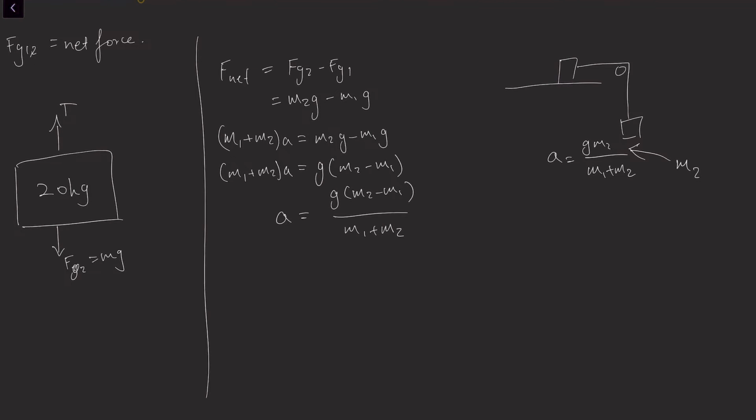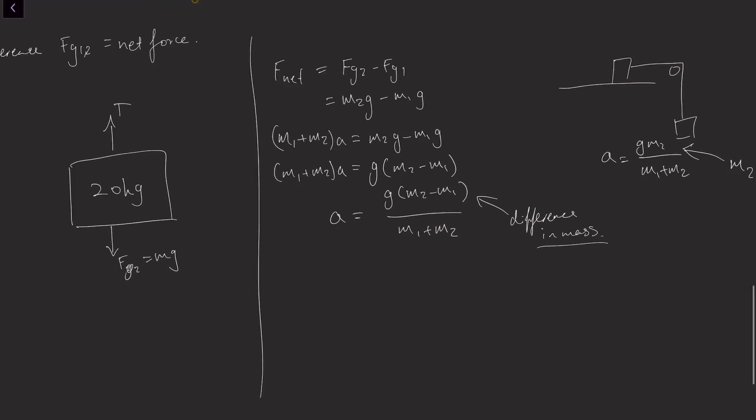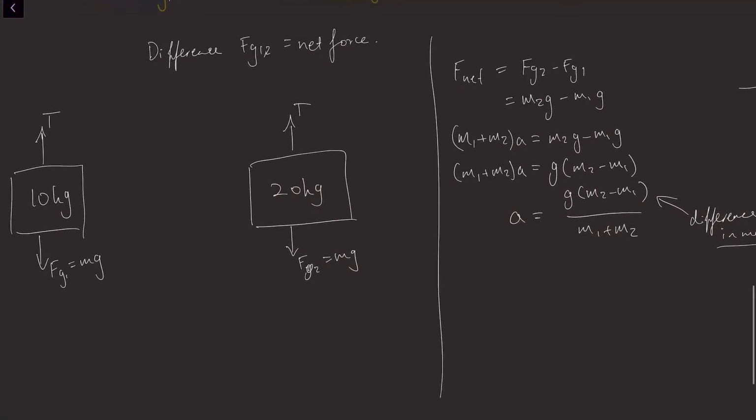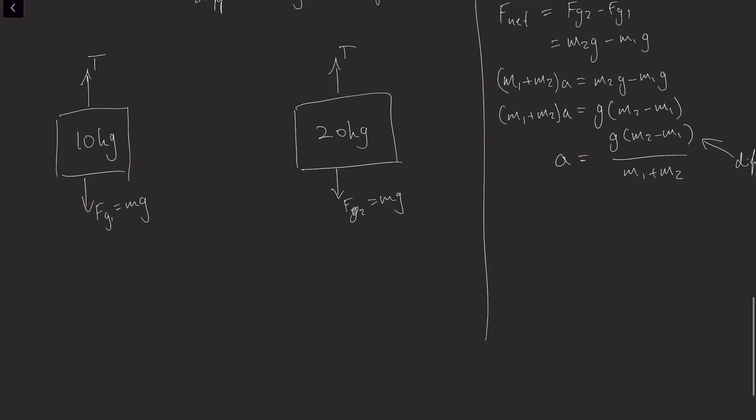If we look now, we see that the acceleration relies on the difference between the two masses. So these are the same equation, except now the acceleration relies on a slightly different property. One is just the mass of m2, but now since they're both hanging, it relies on the difference between the masses, which makes intuitive sense because whichever is heavier is going to be the direction that this acceleration is going.